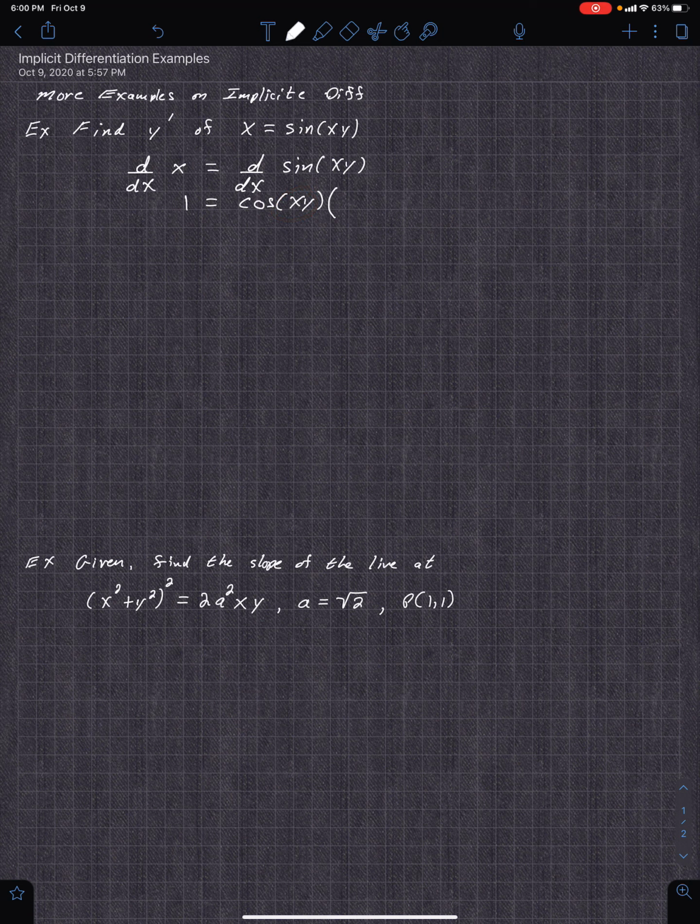So you basically have xy, and then you need to do the chain rule, which entails the product rule. So it's the derivative of the first, which is 1, times the second, which is y, plus the first, which is x, times the derivative of the second, which is 1, and then you have to say y prime.